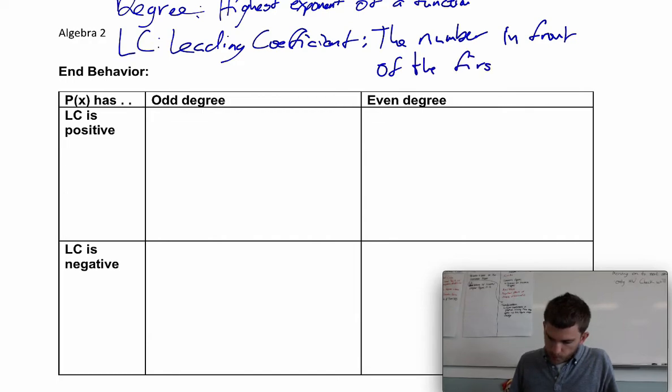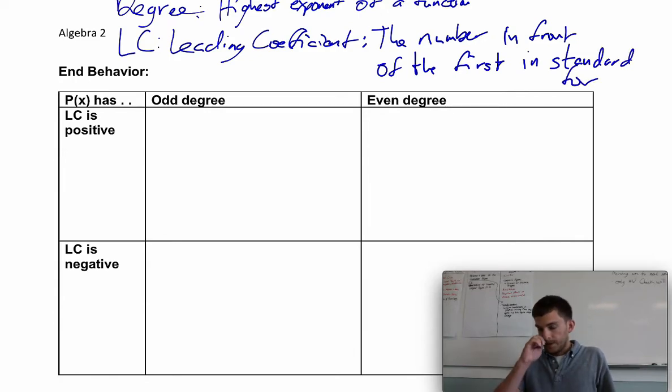And I'm going to add one more thing to this, something we're going to focus on a little bit more later. I'm going to say in standard form. So in standard form. That's something you're probably already used to, whether you realize it or not.